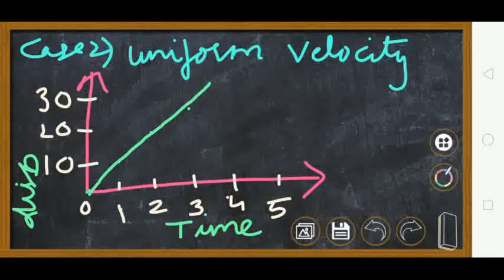So this is the displacement time graph when the body is moving with a uniform velocity. You get a straight line like this. Clear? Now we will see how to find velocity with the help of this graph.